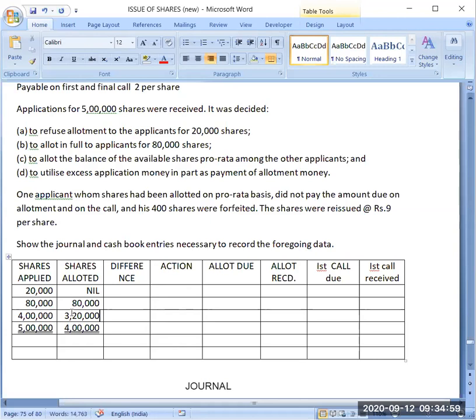So if I want to calculate the proportion, in what ratio I have allotted the shares to this pro rata category, can you tell me the percentage? How much percentage have I allotted to them? So you should always keep in mind the proportion, because when we calculate the number of shares applied or allotted for the given percentage, it will help us to cross check our calculations.